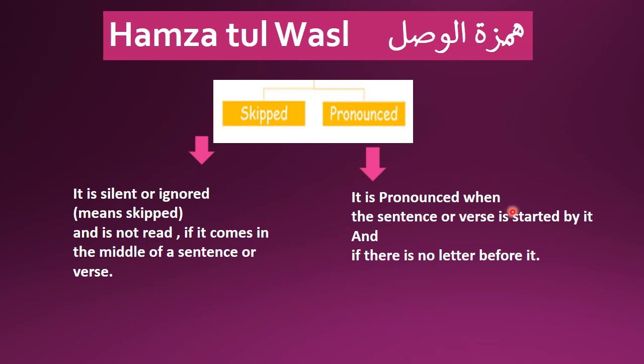It is pronounced when the sentence or verse is started by it and there is no letter before it. And it is silent, or ignored, meaning skipped and not read, if it comes in the middle of a sentence or verse.